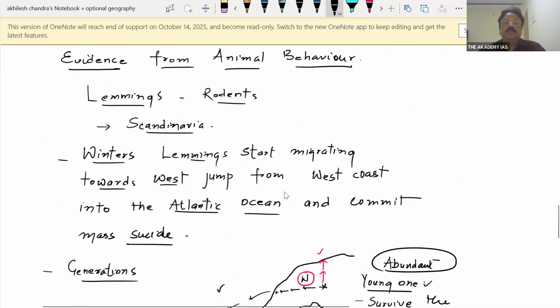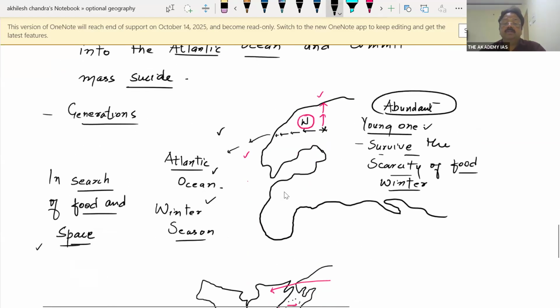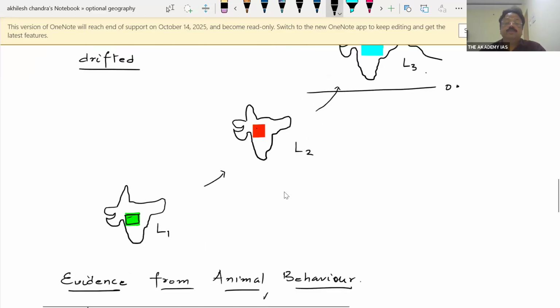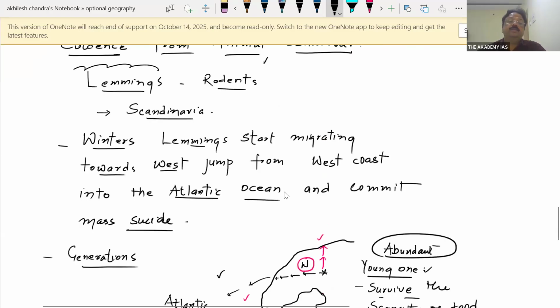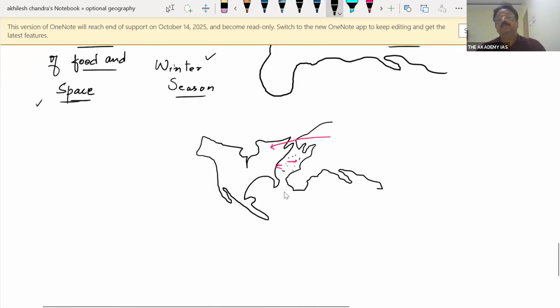And this animal behavior is also supporting that somewhere in the geological past, these land masses were together. Is it understandable? Lemmings behavior is understandable or not? Yes, sir. Okay. Everyone is syncing with this.